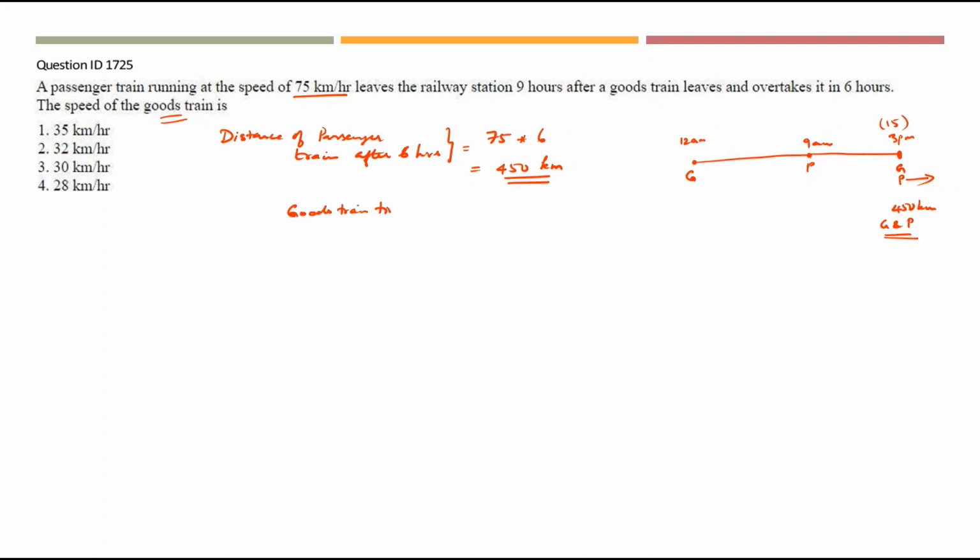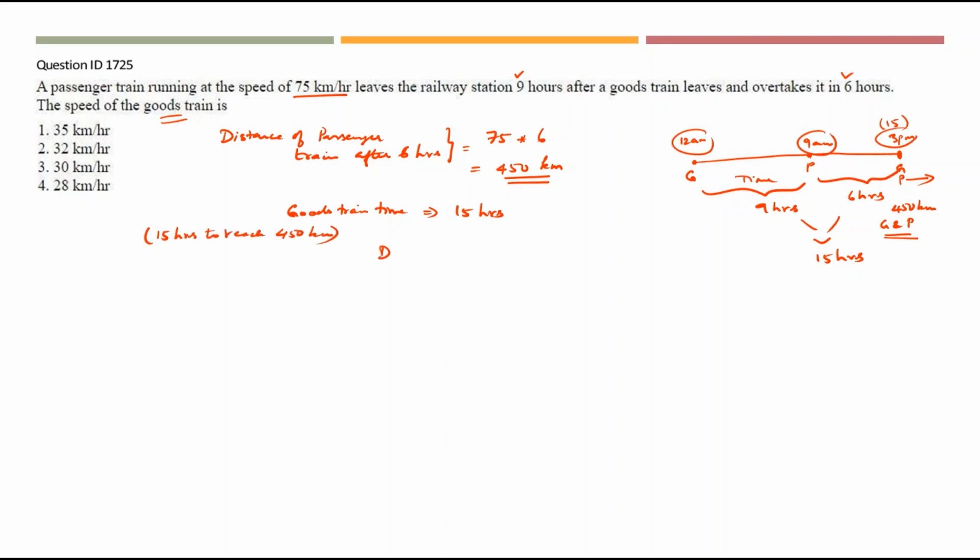Let's take the goods train time to be 15. It is travelling 9 hours and here it is travelling 6 hours. All together, it is 15 hours of travel for the goods train when it reaches 450 km. It takes 15 hours to reach 450 km.